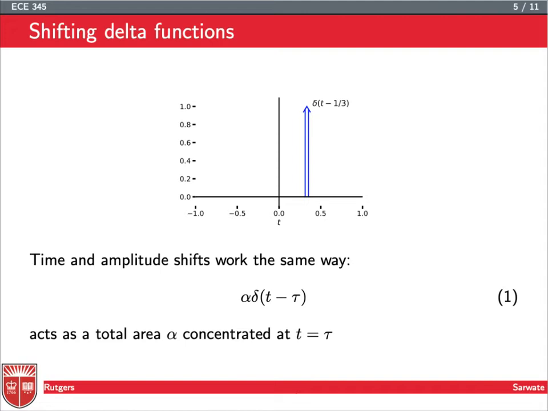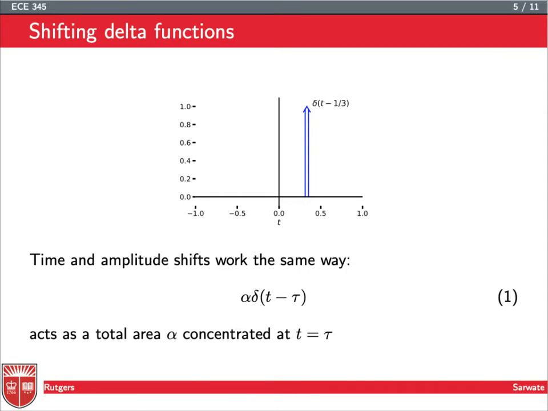You can shift delta functions, and you can multiply the delta function by a constant. If I wanted to shift it, for example, I want to take delta of t minus a third. That just shifts it over, much like the Kronecker delta. You're asking, when is t minus a third equal to 0?